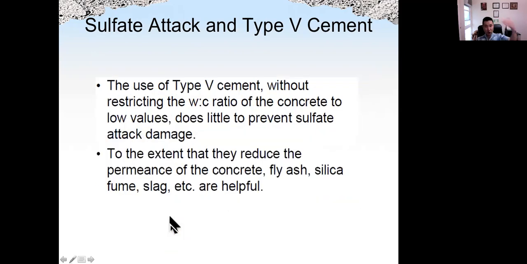So the use of type 5 cement, if we do not restrict the water cement ratio, will not be very effective to prevent sulfate attack. Because if you only use type 5 cement, but you make the permeability very high by using high water cement ratio concrete, then sulfate attack could still do damage inside the concrete.